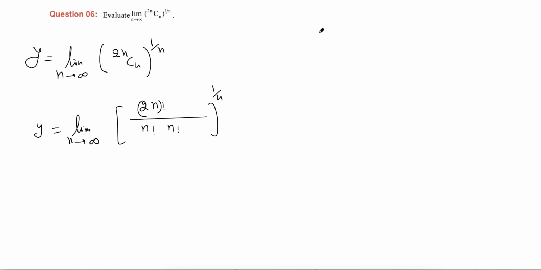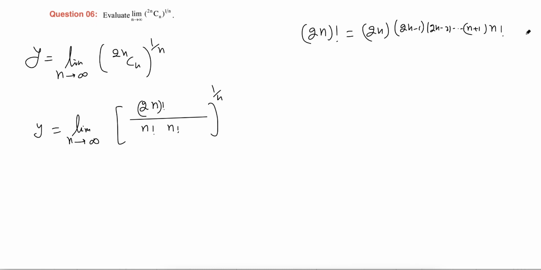Actually, if I ask you what exactly 2n factorial is, you will say 2n factorial is nothing but 2n into 2n minus 1 into 2n minus 2, and so on till 1. Or you can say till n plus 1 into n factorial, because after n plus 1 comes n, then n minus 1.